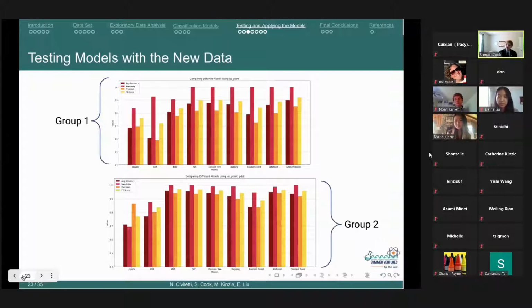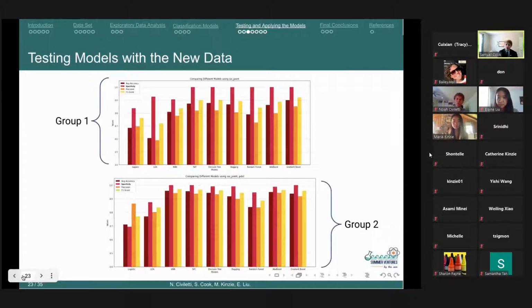So we received 4 new data sets around the same size as the original one, one from each of the biotechnology groups. And while they varied a bit, we could still see that KNN, SVC, and adaptive boosting remained in the top 4 models for each of the groups, and they were consistently the highest among all 4.